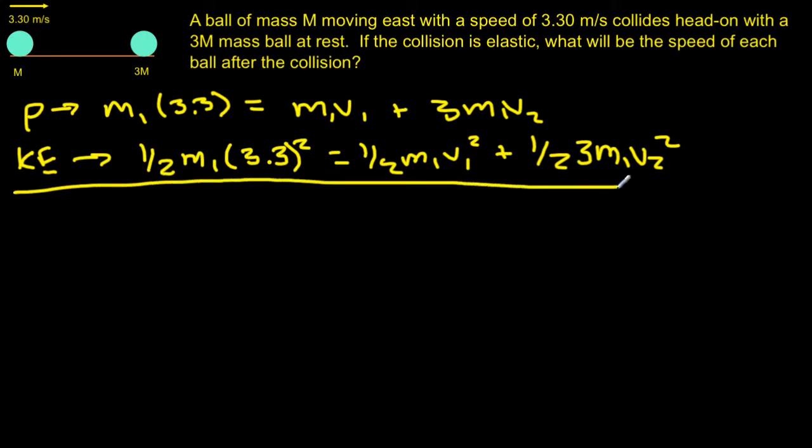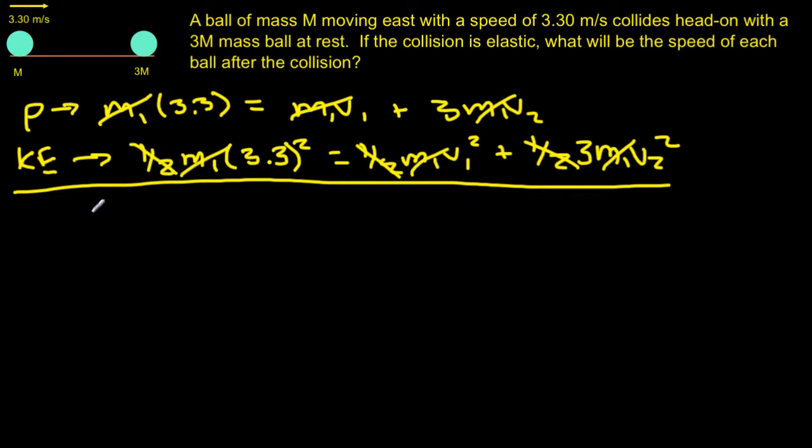Now, with those two equations, before we do any numbers, let's do some canceling. So the first equation, all terms have an m1 value in them, so we can divide those all out. And the second equation, not only do they all have an m1 term, but they also have a 1/2 term, so we can cancel out or divide out all the 1/2s.